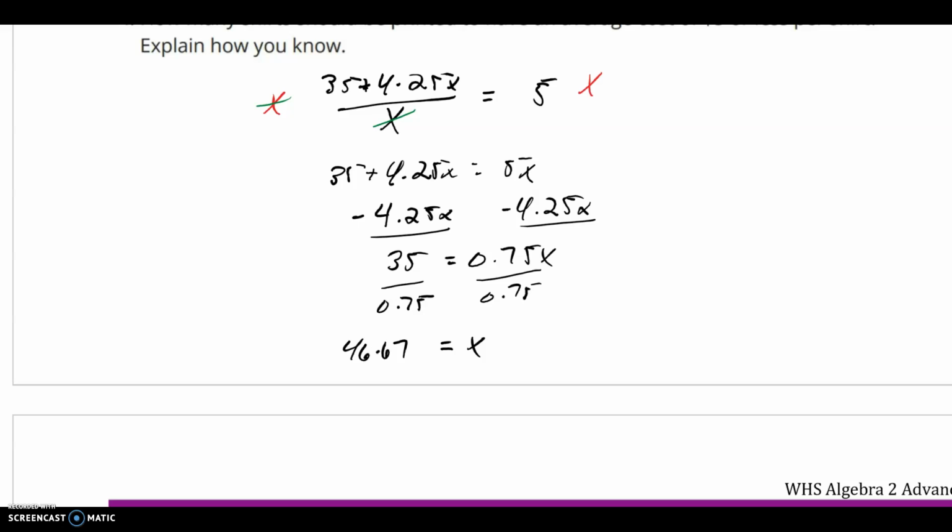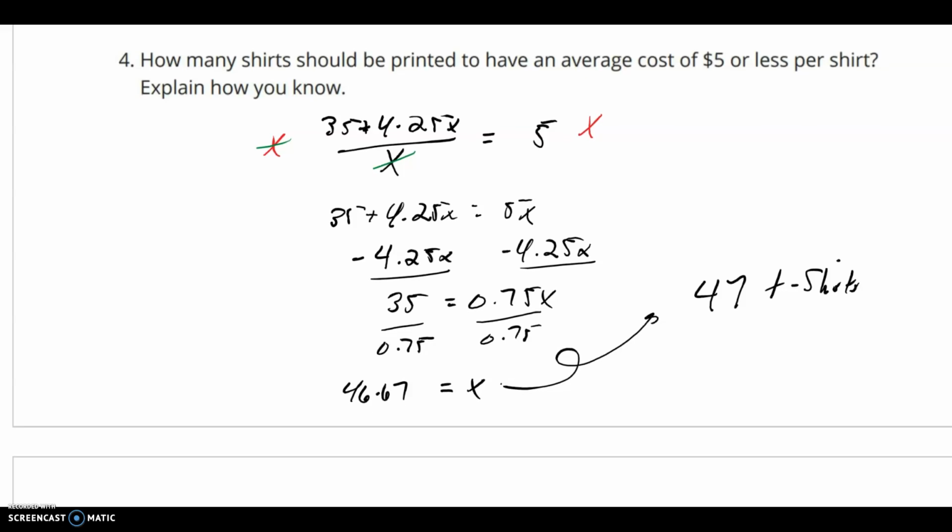But I can't make 0.67 of a t-shirt. Therefore, 47 t-shirts. If I do 46, it's not going to quite be below $5 per shirt. So I need to do 47 t-shirts. Okay, so that's how we can use rational functions to help us solve problems.